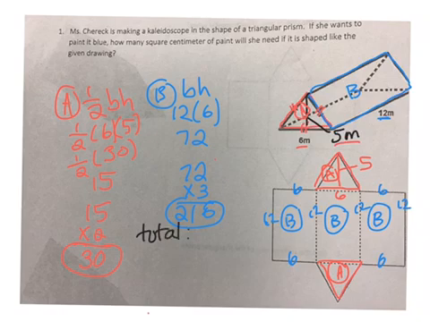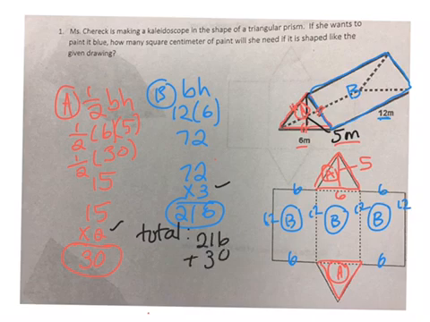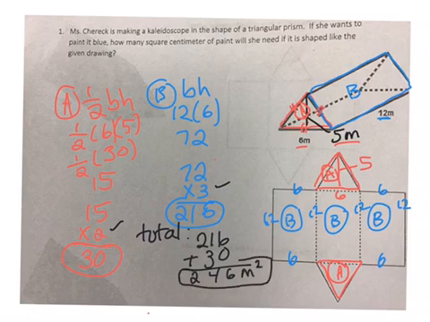And I should have 5 sides. I've got 3 rectangles and 2 triangles. So I have 5 faces altogether. So 216 plus 30 is 246, and it's going to be meters squared because area is in square meters.